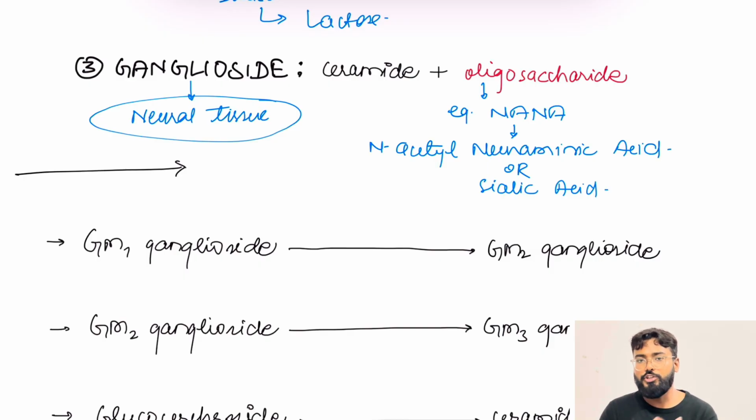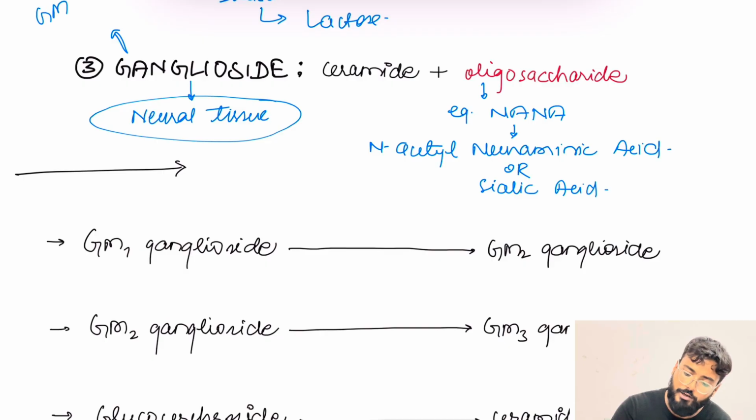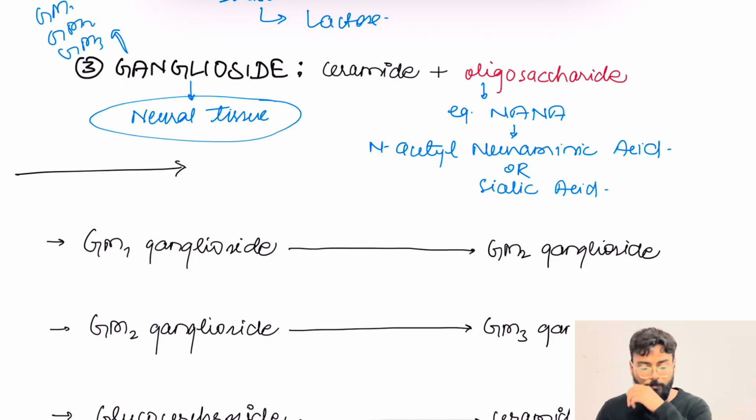They are named like GM1, GM2, GM3. They have this nomenclature based on this: G stands for ganglioside, M is your monosialo containing, and 1, 2, 3 is based on your chromatography.